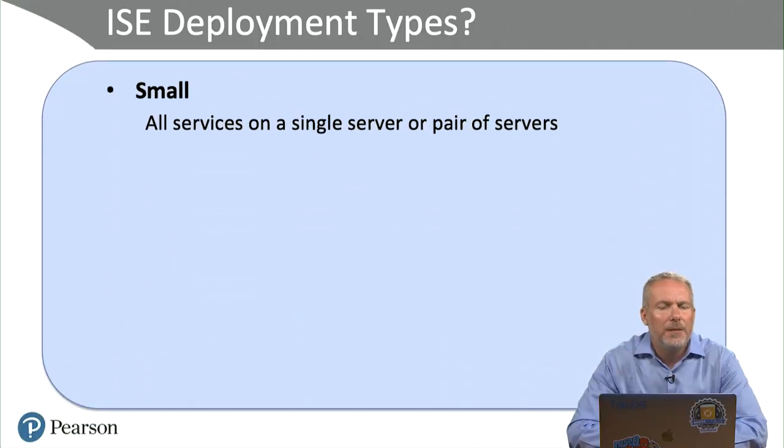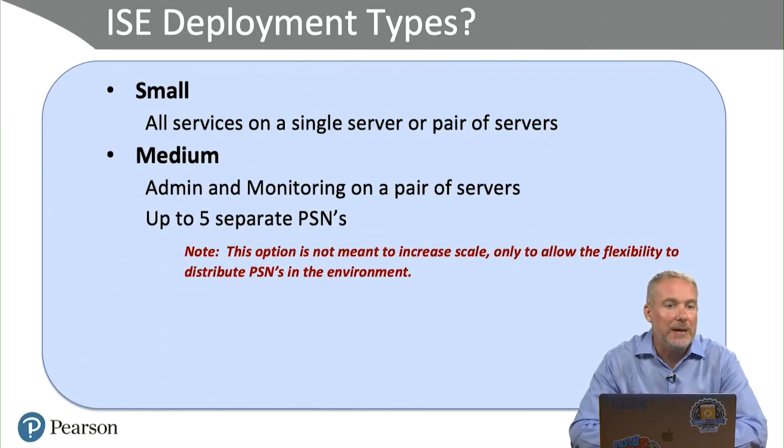I've got 3 different deployment types. A small is a couple different things. All of our services run on a single server or a pair of servers. I've got a medium. Our admin and monitoring node are split out on a pair of servers dedicated to those specific functions, and I can have up to 5 policy nodes in the environment.